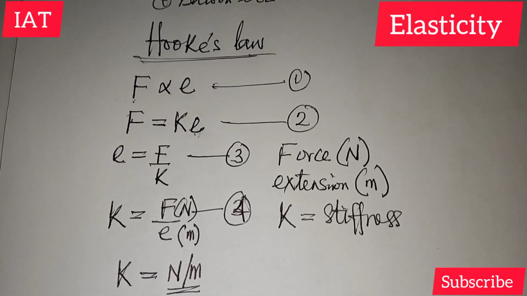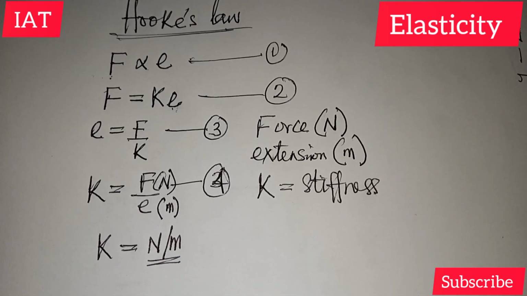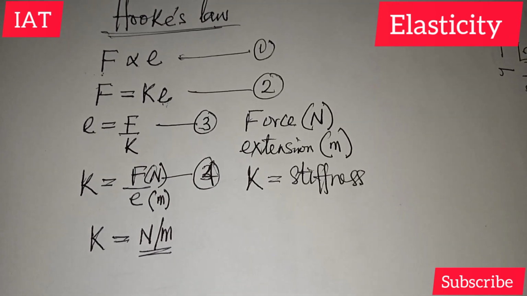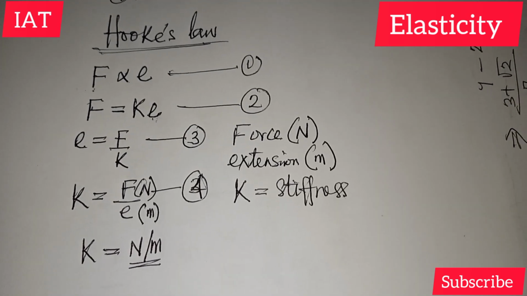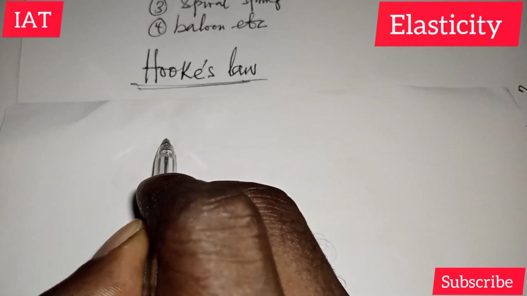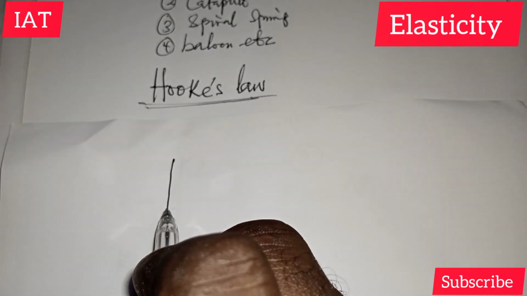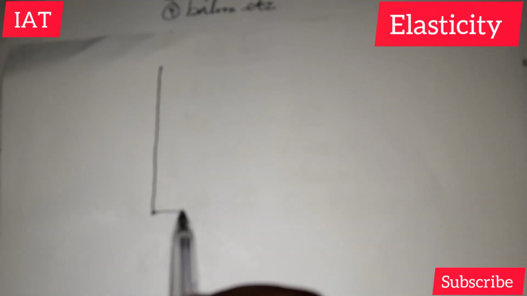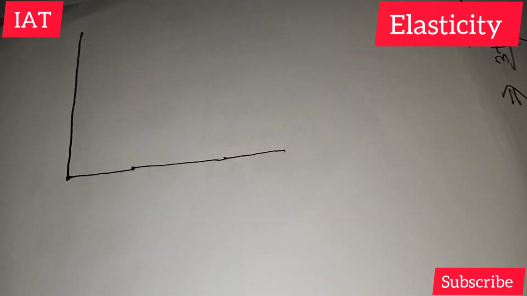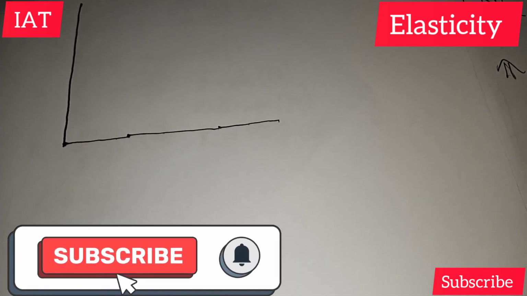So the next thing we're going to talk about is the graphical representation of this. How do we represent this graphically? Now, if we have a Cartesian coordinate of this form, with the vertical and the horizontal line, say we want to plot the graph of load over extension.